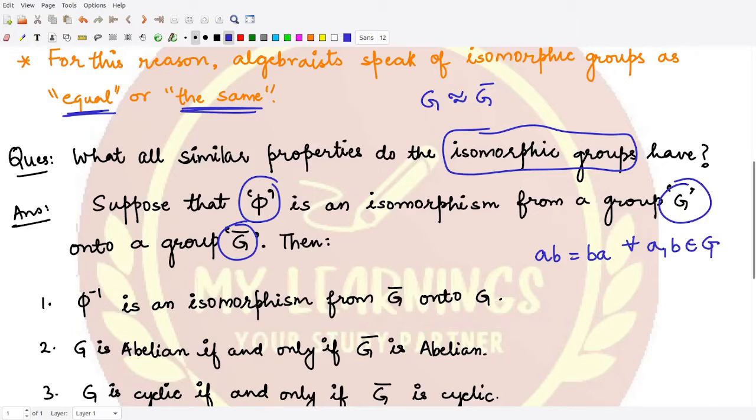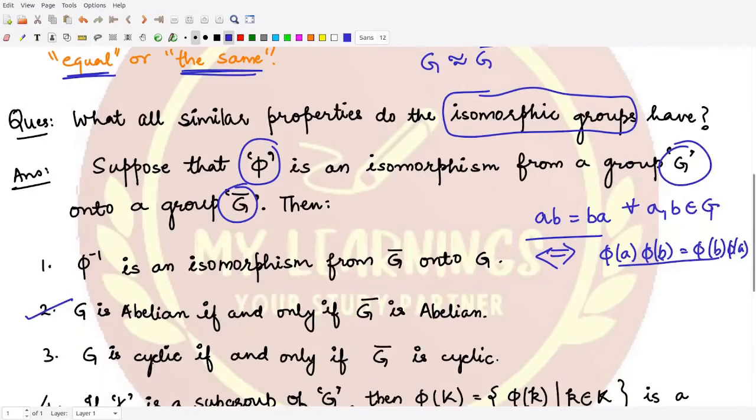In one direction we are saying that AB is equal to BA, which would imply phi of A, phi of B is equal to phi of B, phi of A. And conversely, if this holds, we have the other. We already did the proof for this in the previous videos, right? So using this, we can prove the second property.